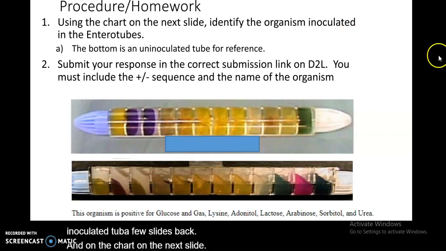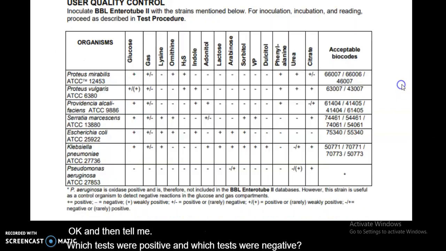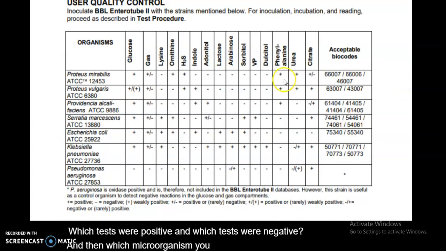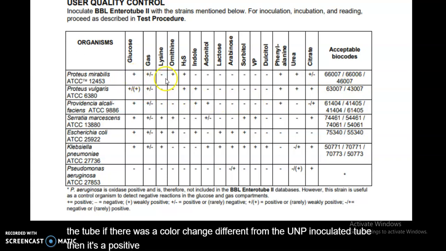Okay, and then tell me which tests were positive and which tests were negative, and then which microorganism you had in each of these tubes. Okay, so across the tube, if there was a color change different from the uninoculated tube, then it's a positive test. Okay, positive/negative means some of the microorganisms are positive and some are negative.